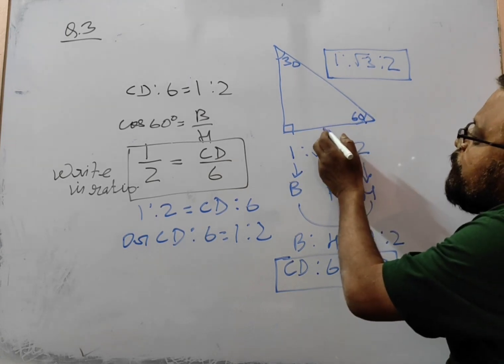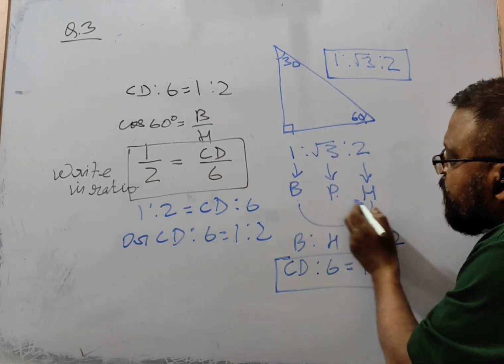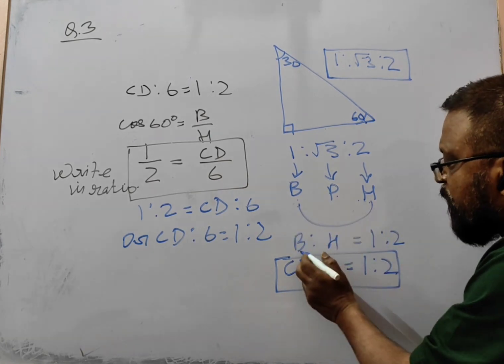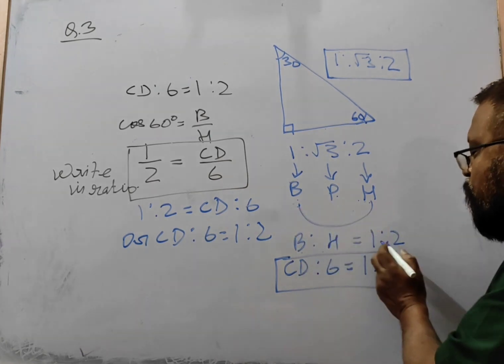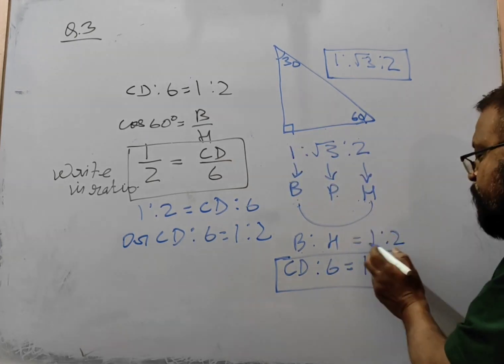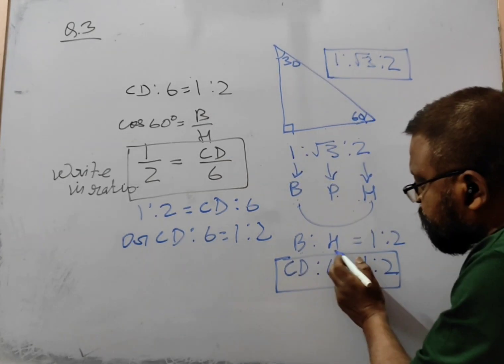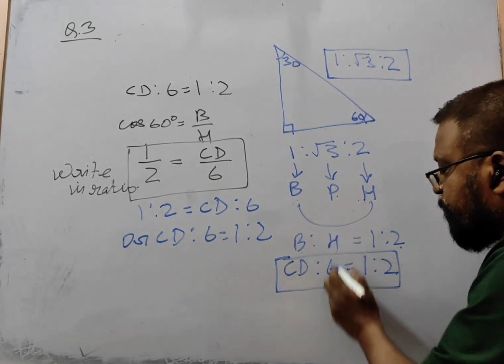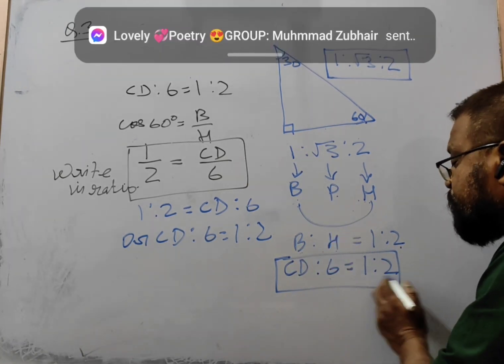Since we have to find base, we take base and hypotenuse. So base ratio hypotenuse is 1 is to 2. Now base is CD, hypotenuse is 6, and the ratio is 1 is to 2.